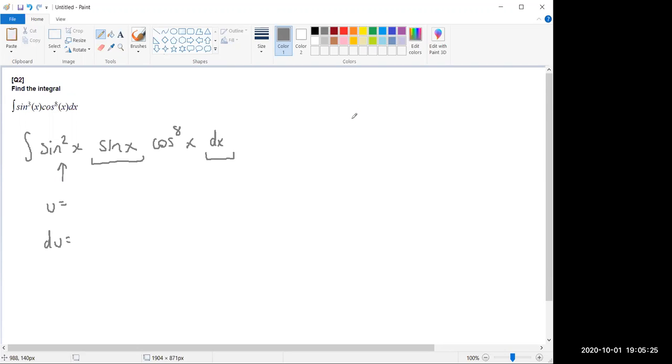The answer is yes, because we can use another one of those Pythagorean identities, right? It was sine squared x plus cosine squared x equals 1. This identity has powers of 2, which is why this needed to be in powers of 2.